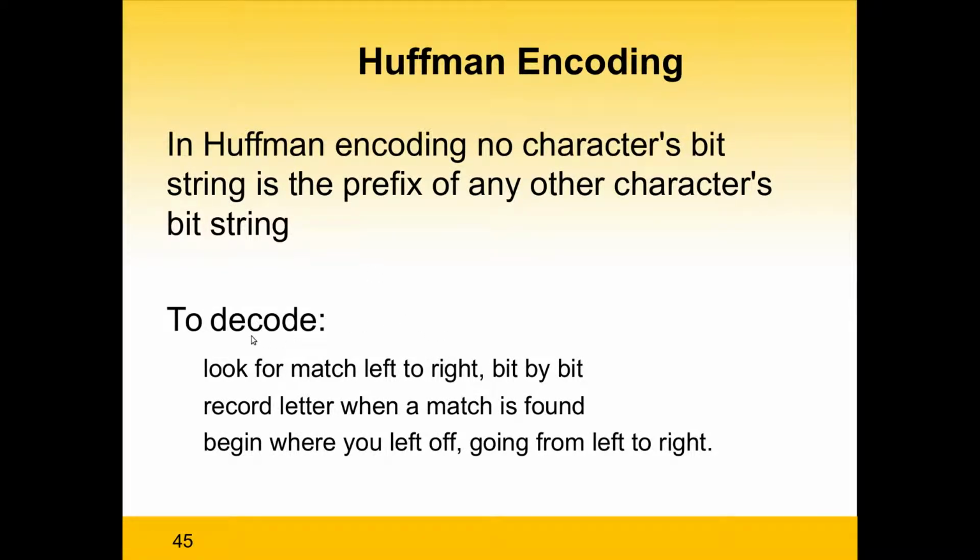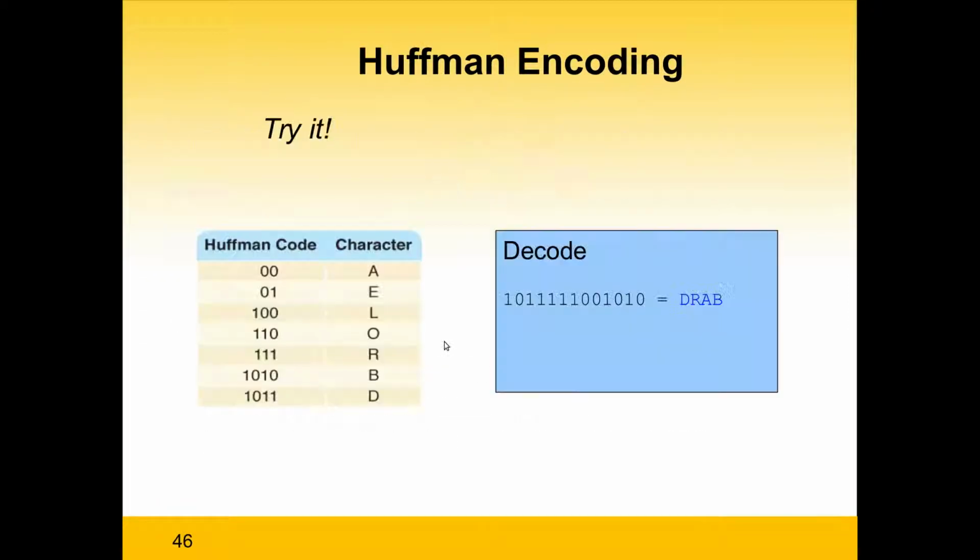So, to decode a Huffman encoding, how would you do that? You look for a match from left to right, bit by bit. Then you record the letter when a match is found. And then you begin where you left off, going from left to right until you decode the entire string.